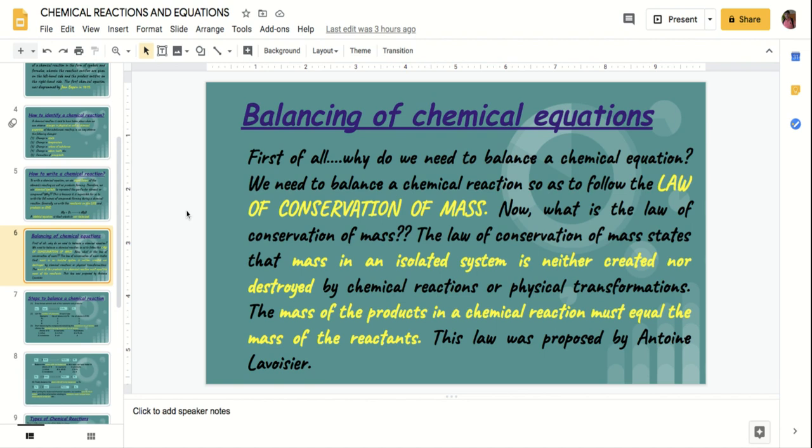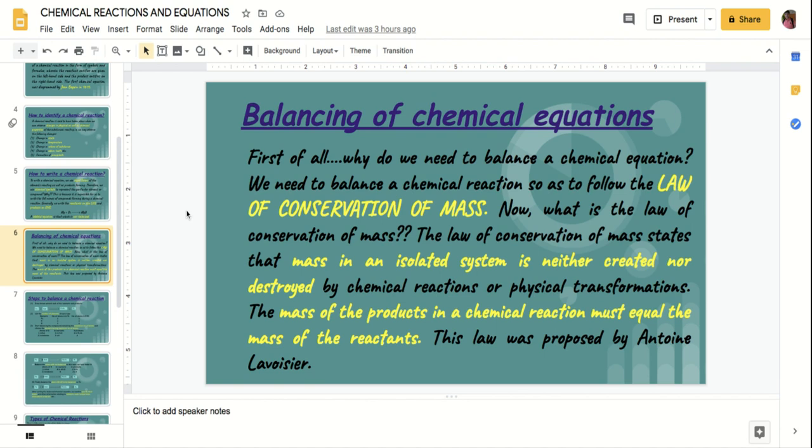Everyone will ask that, and what will you say? We need to balance the chemical reaction so as to follow the law of conservation of mass. Why the law of conservation of mass? What is the need to conserve mass? Let it be in the simple process. We need not write such a long process and give ourselves a headache putting in all the numbers 1, 2, 4 and balancing the chemical reaction.